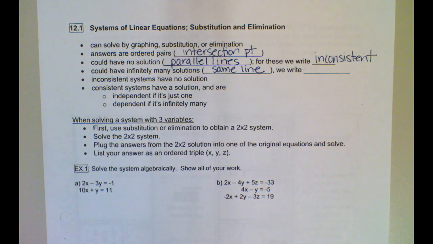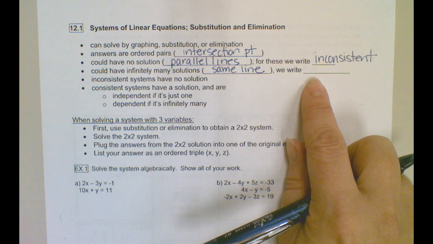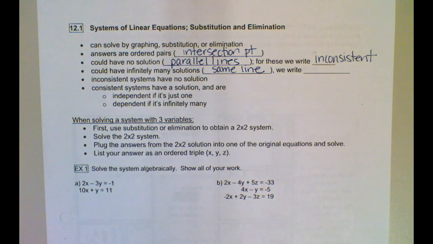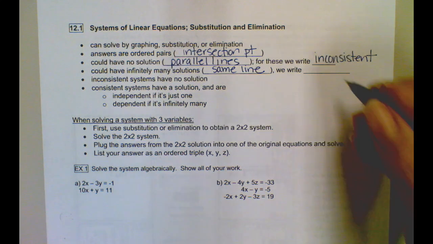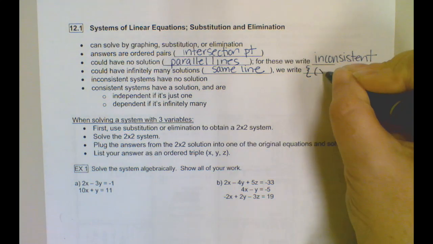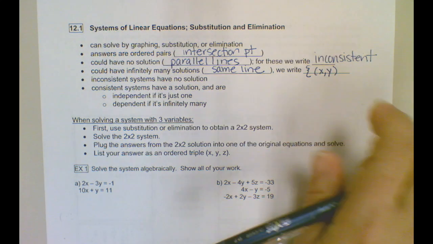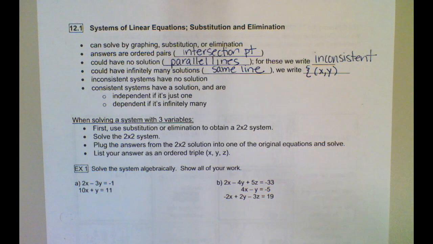But the way that we write in college, this part will be new for everyone because you don't do this in high school algebra. When you have infinitely many solutions, you write it, if it's a 2x2 system, as x comma y, which is just telling you the format of the answer.